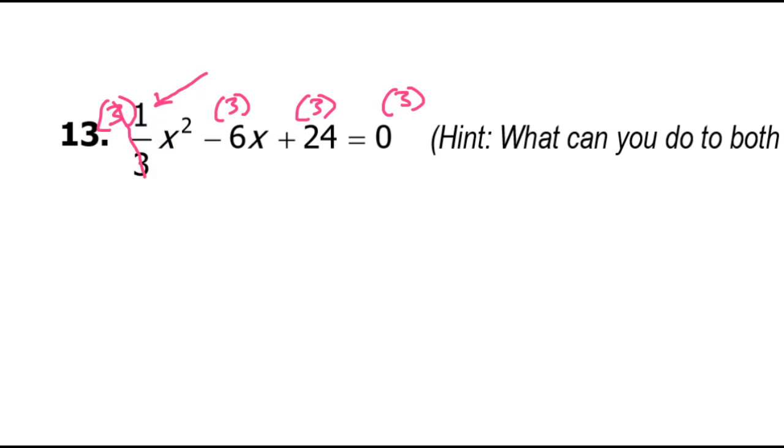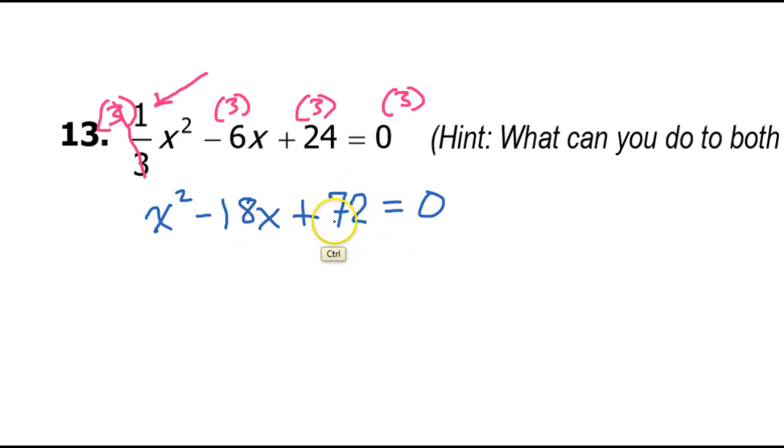And the 1 is not relevant. So that's going to leave me with x squared minus 18x plus, what's that going to be? Plus 72 is equal to 0. So let's see.